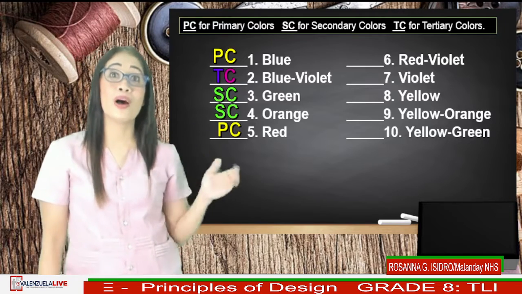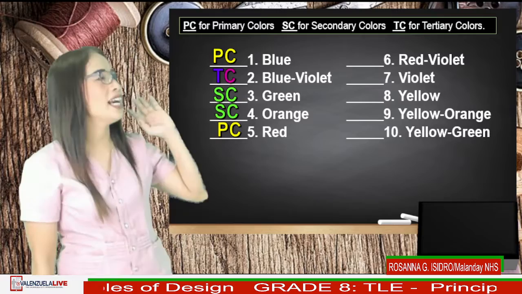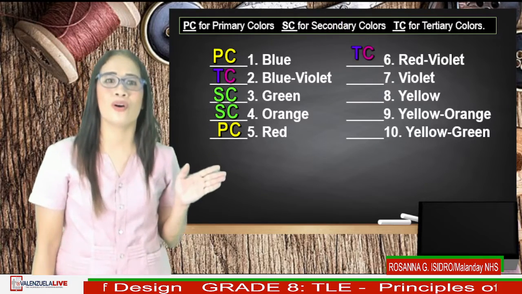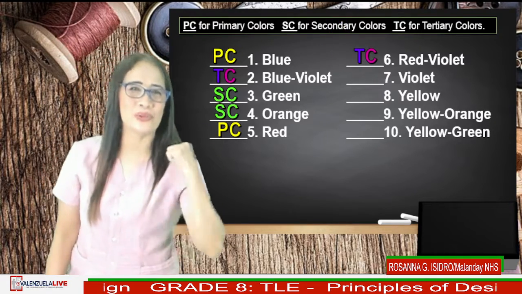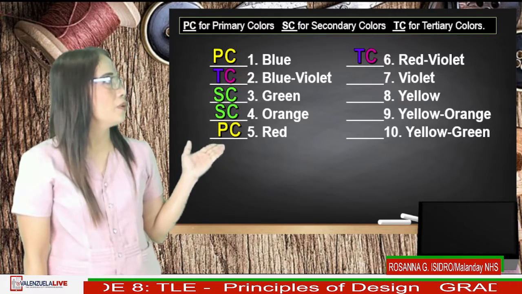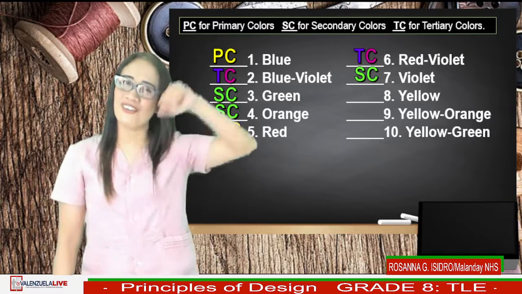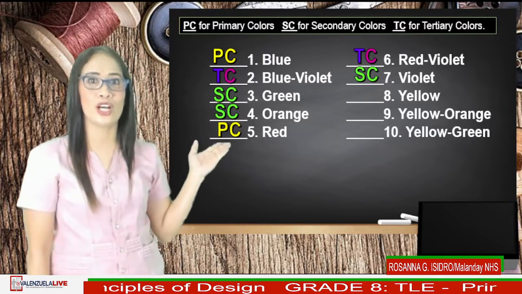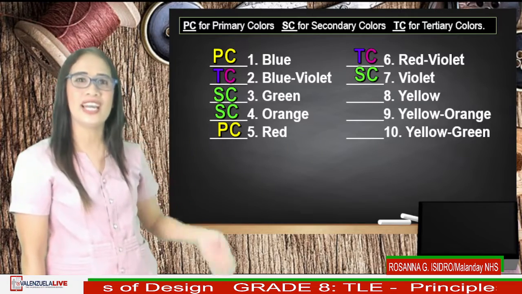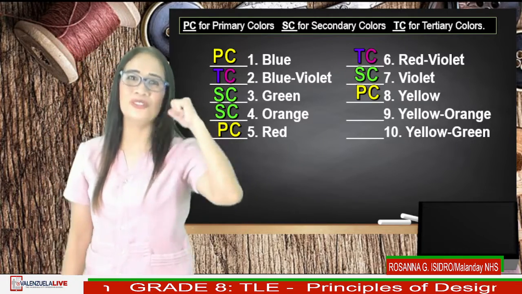Let's have number 6, red-violet. If your answer is TC or tertiary color, absolutely right. Number 7, violet. If your answer is SC or secondary color, you are correct. Number 8, yellow. If your answer is PC or primary color, you're great.